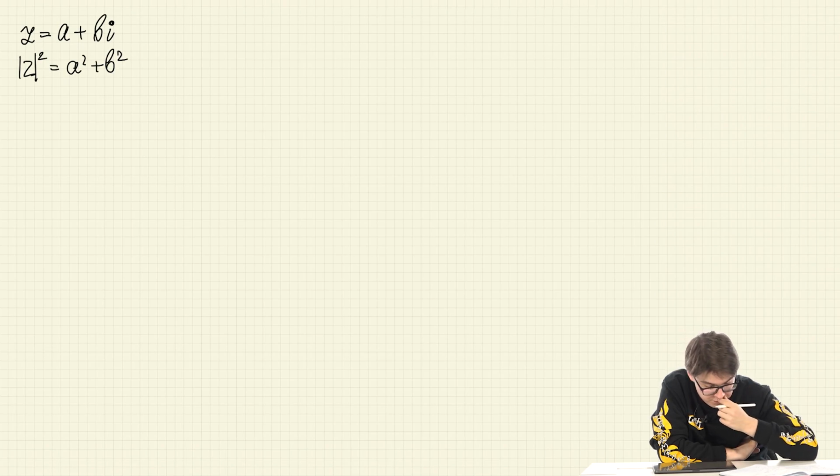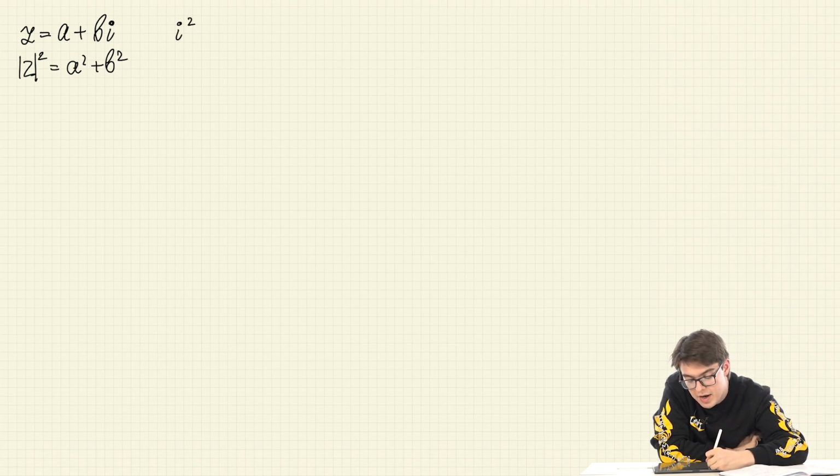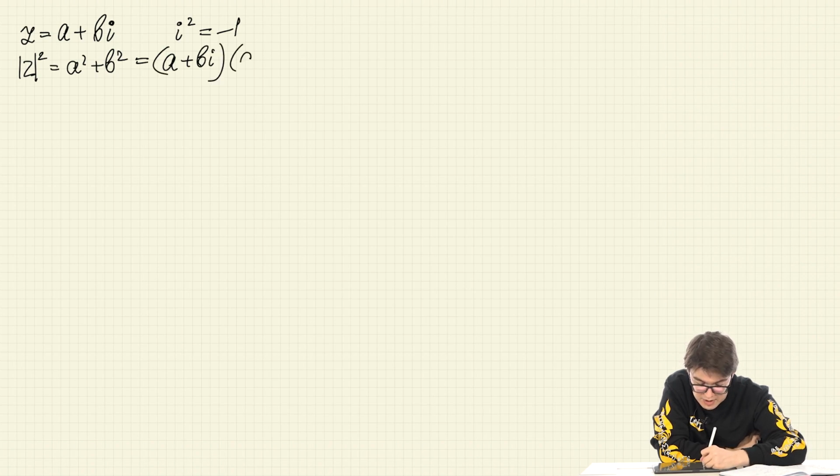And if you consider the definition that i squared equals minus 1, you can easily understand that this can be rewritten as a plus bi multiplied by a minus bi.